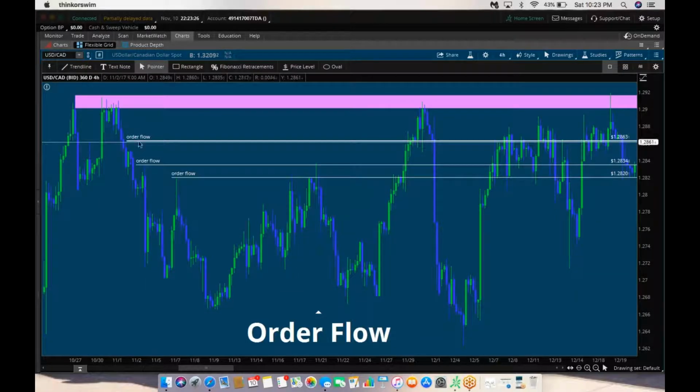So everywhere order flow was created with these bases here, or these retracements in price on the way down, you're going to see the same levels being retested for the first time on the way up. So you'll see people selling here, which was at the low of this base right here.